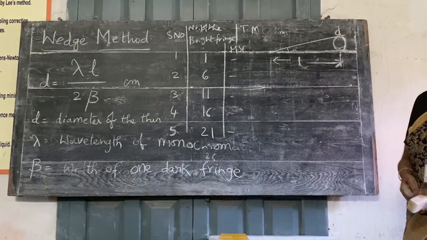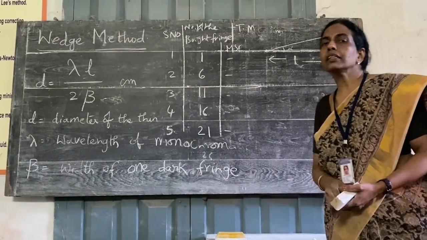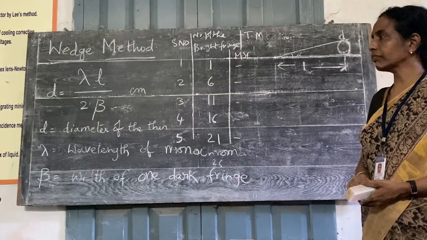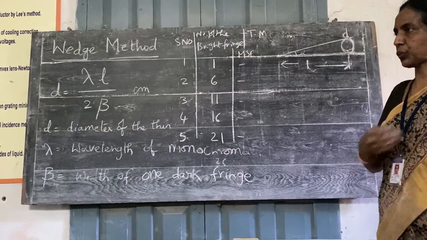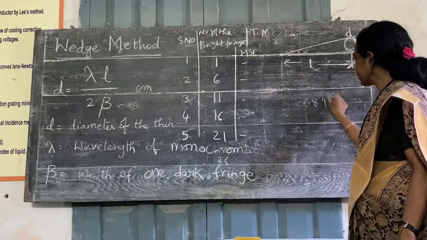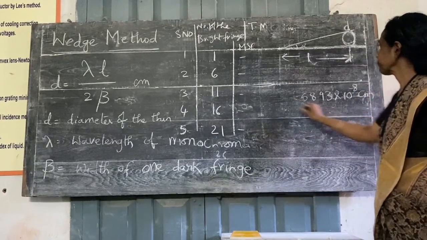It will be measured using a scale, and then we will put it in the formula, where lambda is the wavelength of the monochromatic light used, that is, the sodium vapor lamp. We will take it as 5893 into 10 power minus 8 centimeters.